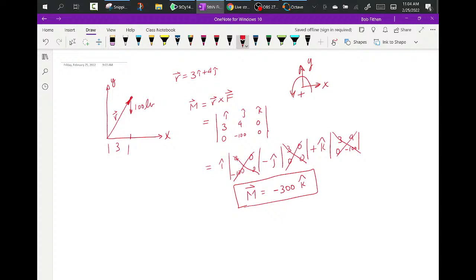You could use transmissibility to take that load, move it down here, you would have 3 times it. No, leave it right there for the moment.